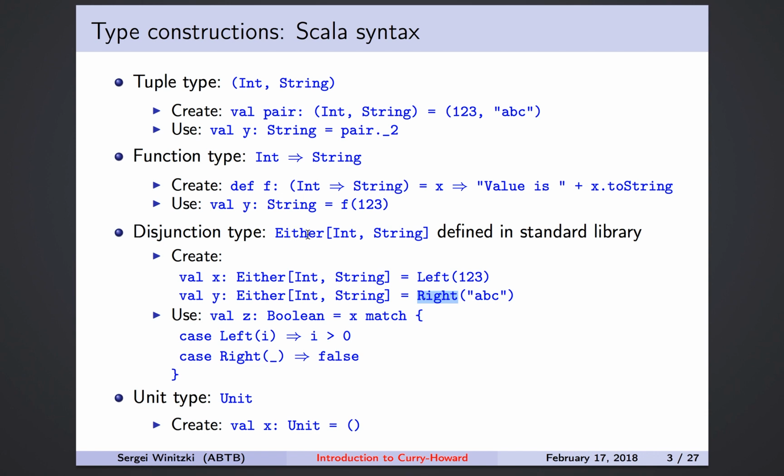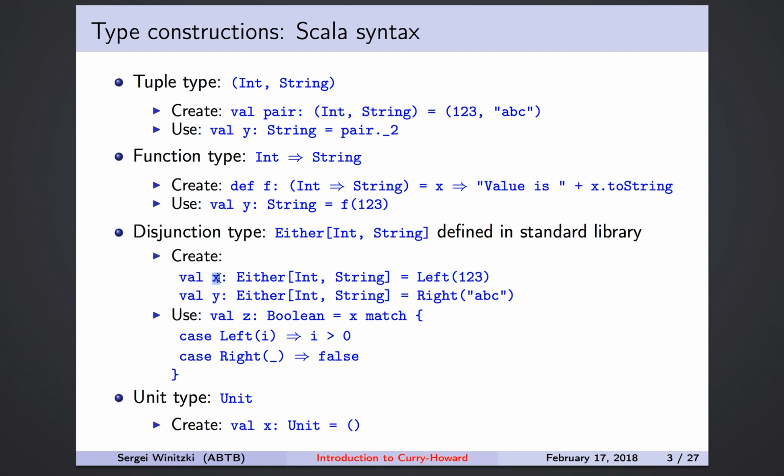So you cannot have a disjunction like this without names. So the standard library defines the disjunction called Either, and its names for the first part and for the second part are Left and Right. And this is then the syntax that you use to create values of a disjunction type.